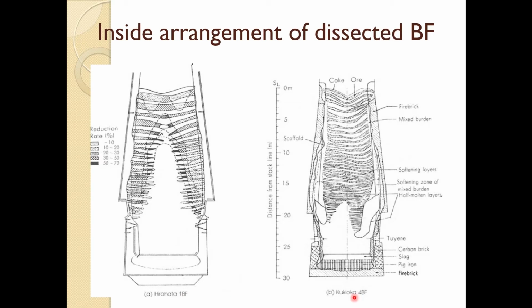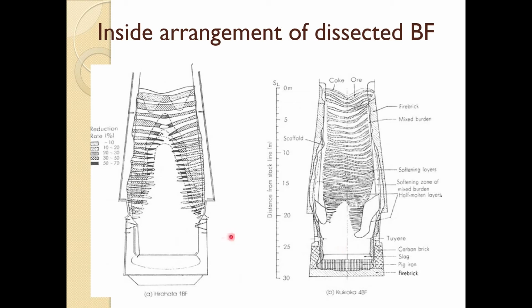This is Kukai blast furnace of Japan, and these are different blast furnaces. I am not going into the detail of these operations, but because they were operating with different raw material, different operating conditions, different flow rate, blast rate, which of course can be seen in the literature.